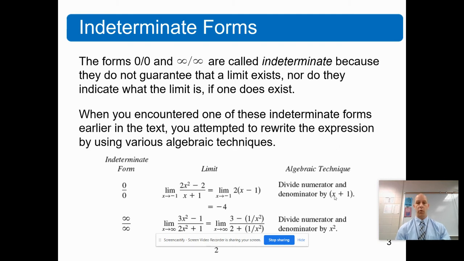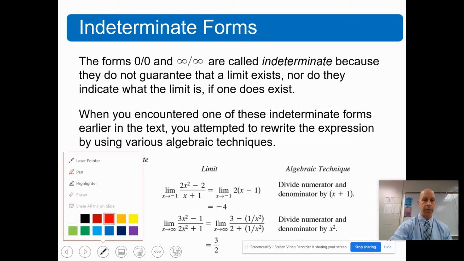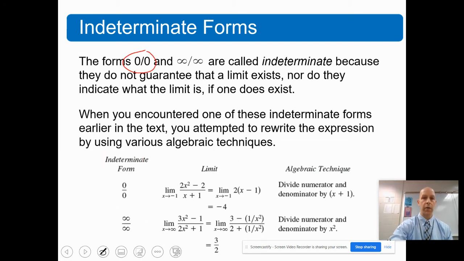So first, let's be able to recognize some indeterminate forms. So this is a very important slide. This isn't all the indeterminate forms, but probably the two most common, and those are 0 divided by 0 and infinity divided by infinity. And they're called indeterminate forms because if you get a limit that looks like one of those things, it literally could be anything.